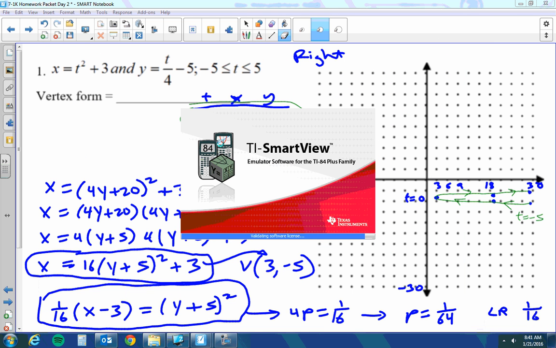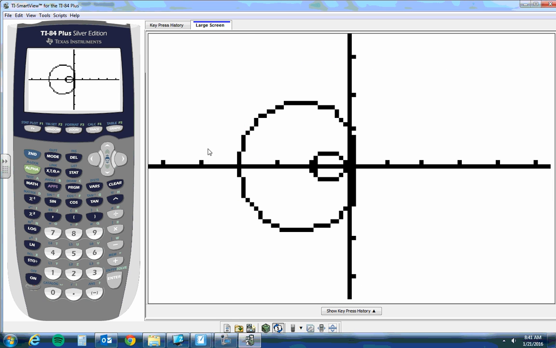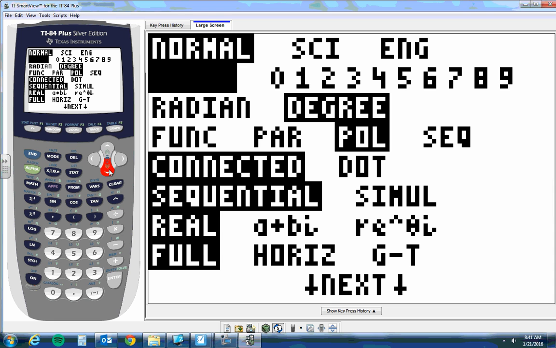Listen, so hit mode, change to parametrics. That, the same place we used to change to polar, there's an option to change to parametrics. Go to y equals, and you can just type these in. Watch this. So like I said, mode, come down here, change to parametrics.